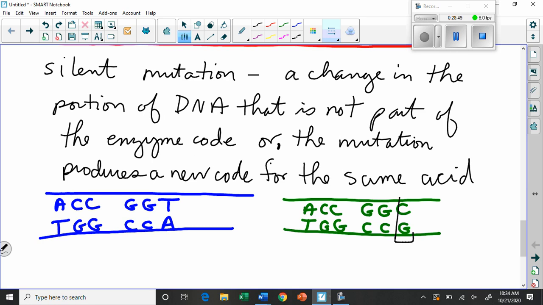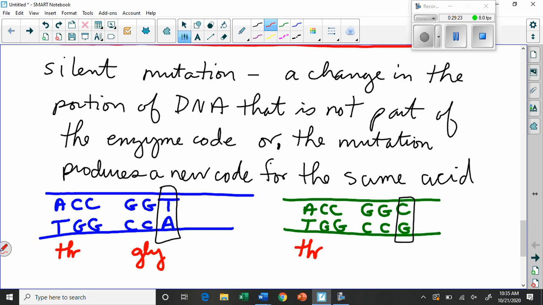So here is where we've made the change on the original DNA. And if you recall, on the original DNA, the ACC part was the threonine code, and then the glycine code. So over here, what do we get? Well, if we read the codes, we've got the threonine. The new CCG code would produce a messenger RNA that would be GGA.